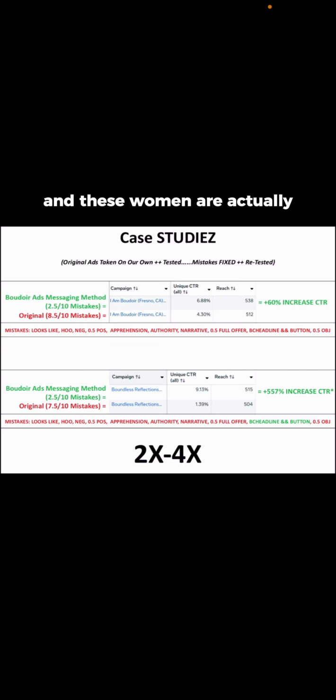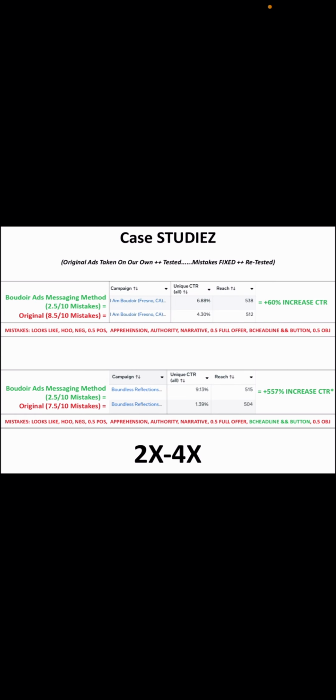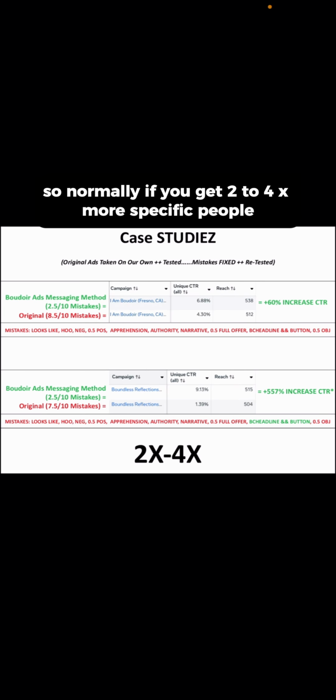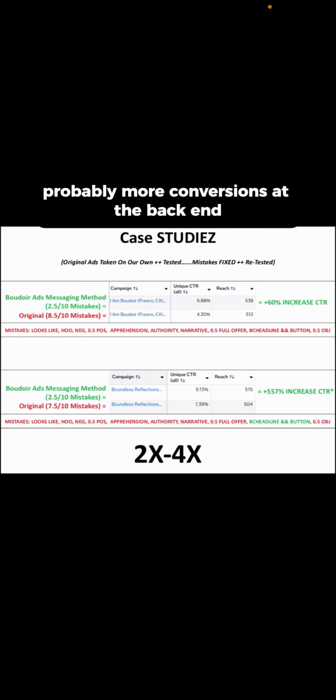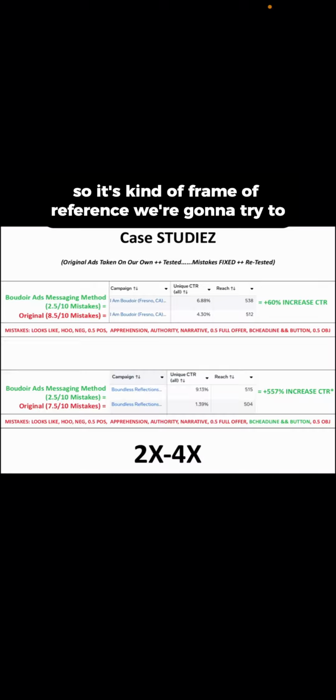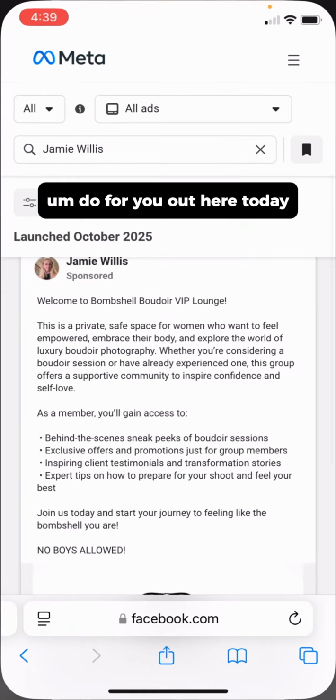And these women are more specific, so usually higher converting. Normally if you get 2 to 4x more specific people coming through, that'll be probably more conversions at the back end. So it's a frame of reference we're going to try to do for your ad here today.